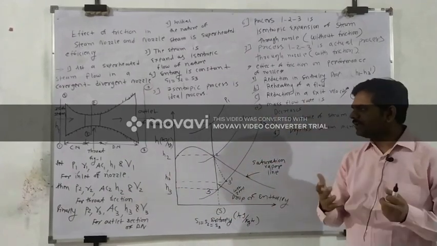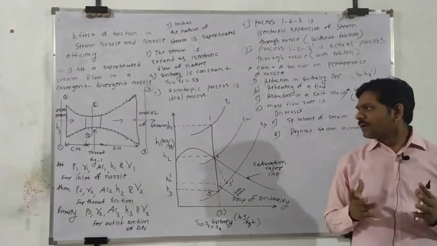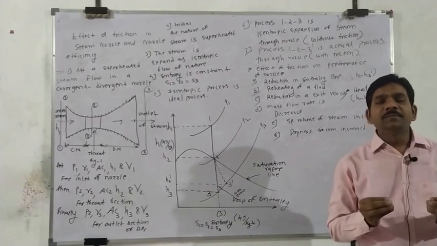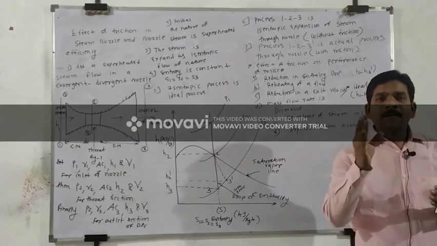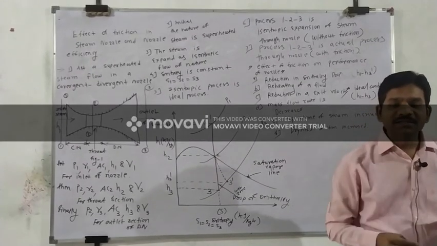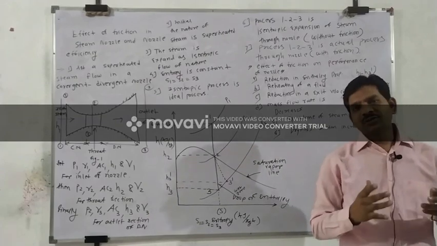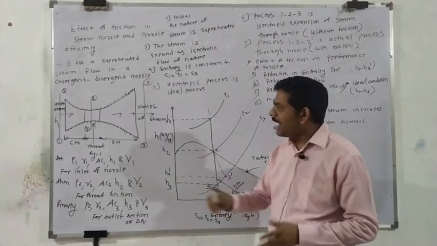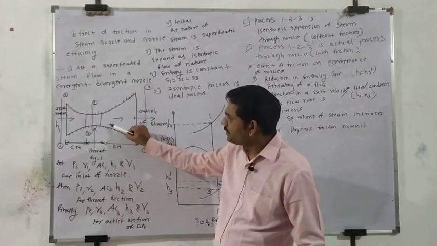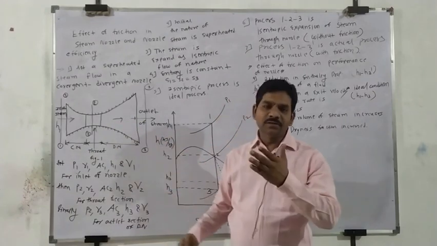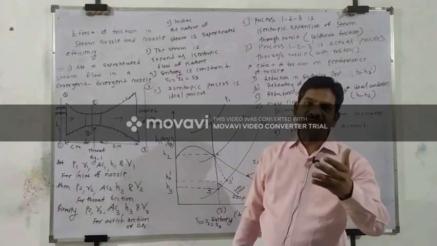Then there are other parameters too. The friction also depends upon the shape and size of the nozzle, what type of material is used for construction of the nozzle, and lastly what type of angle there is. The divergent section makes an angle with the throat section, and the throat makes an angle with the convergent section.